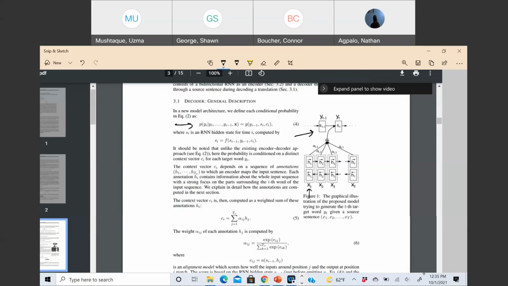Now notice these alphas, alpha T1, alpha T2, alpha T3, and so on. These are known as the attention, the amount of attention that this cell, this time step T, is giving to word one, the amount of attention it is giving to the second one, and so on.